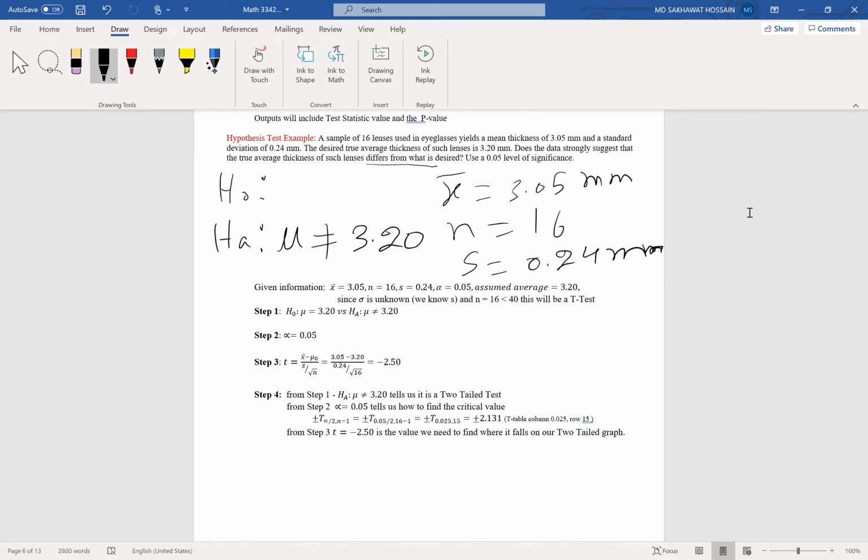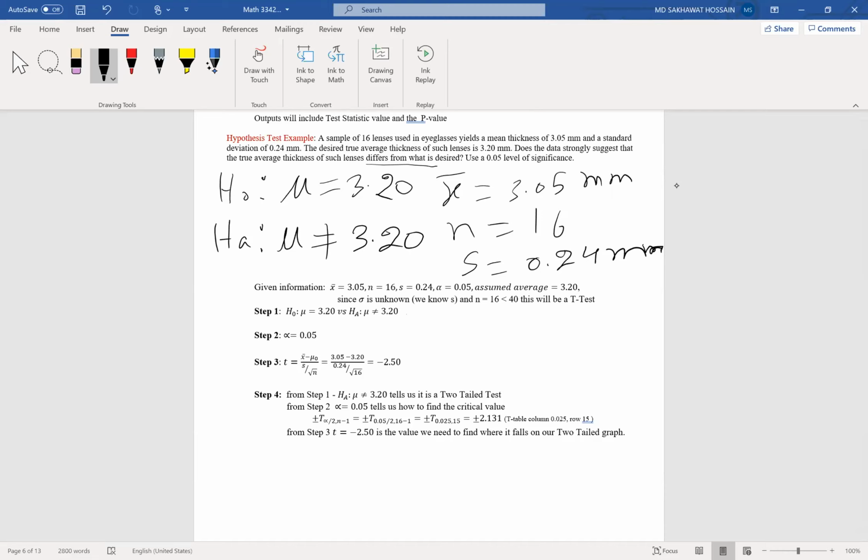So what is the null hypothesis then? Mu is equal to 3.20, right? Yes. This is the null hypothesis and this is the alternative hypothesis. So now we have the hypothesis statement.